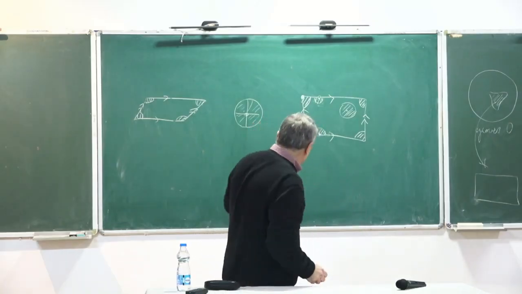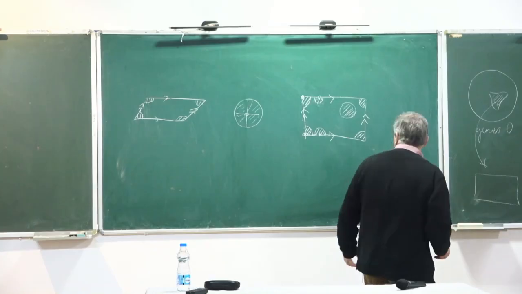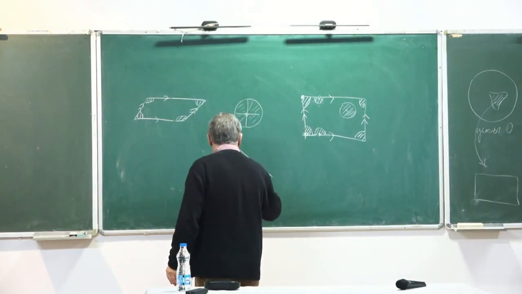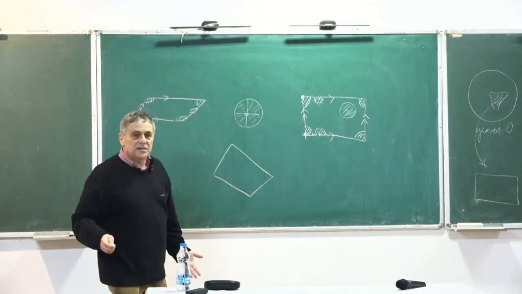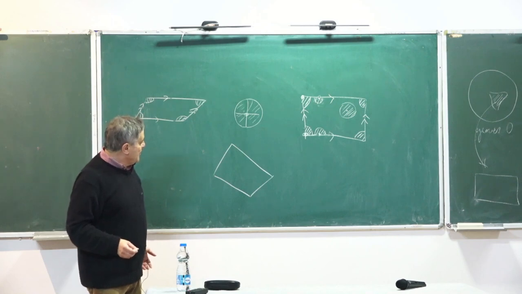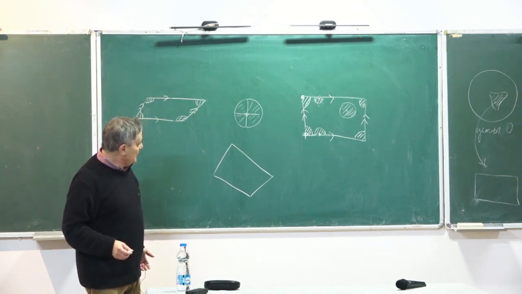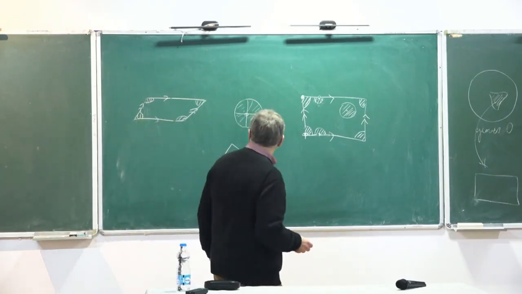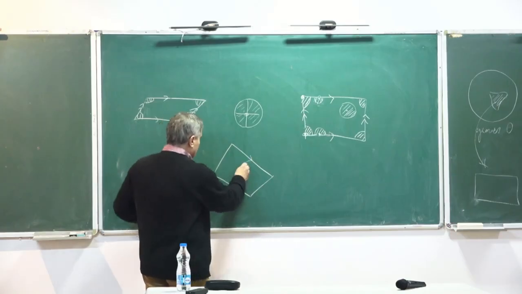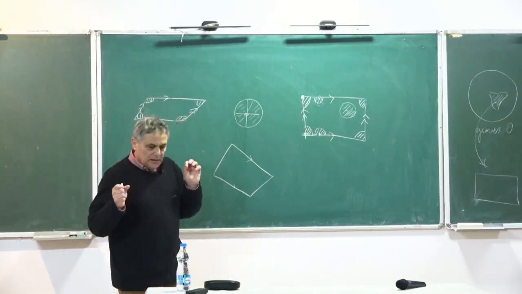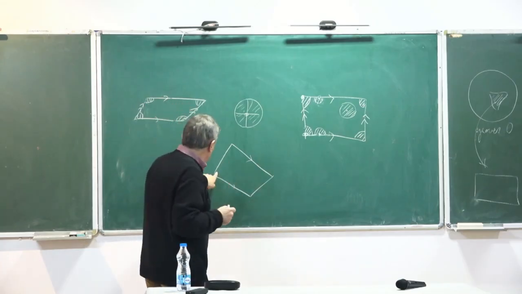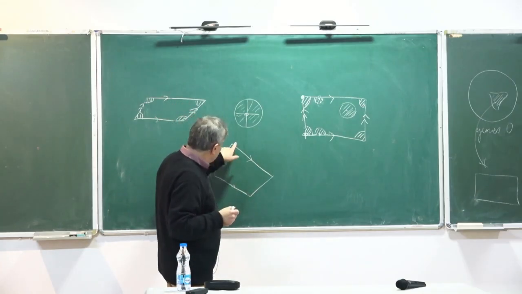Let me just say a remark here. What about the general case? What about a more general case? You see, I take a quadrilateral like this, and then I do an identification. I take a Euclidean quadrilateral, and then I do an identification between this side and this side.